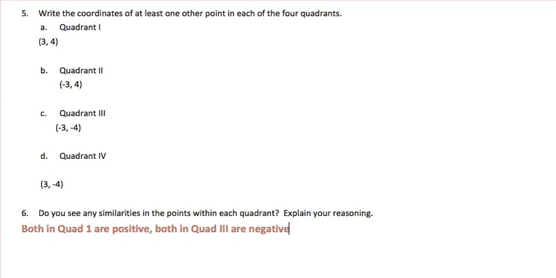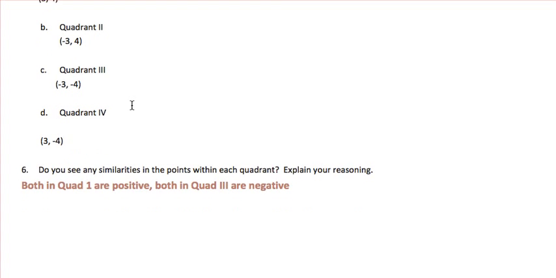We could continue on. The y-coordinates in both quadrant 1 and 2 are positive. The y-coordinates in both quadrant 3 and 4 are negative. The x-coordinates in quadrants 1 and 4 are positive. The x-coordinates in quadrant 2 and 3 are negative. Those are all qualities that will remain the same for any coordinates within those quadrants.